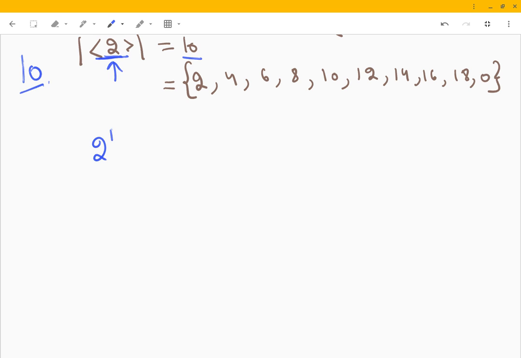So for an element 2 raised to the power p, where p divides 10, which is the order of the element 2, in this case, that means for 2 square and 2 to the power 5. Not divides. Okay, slight mistake.